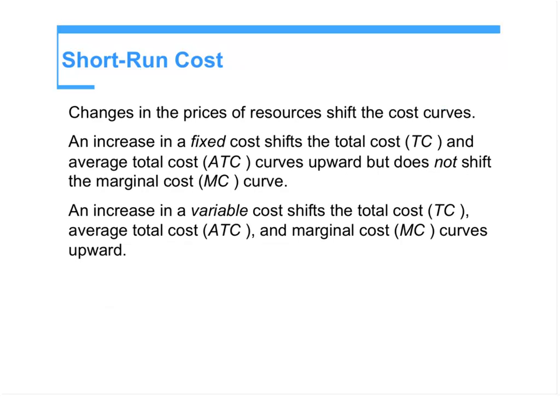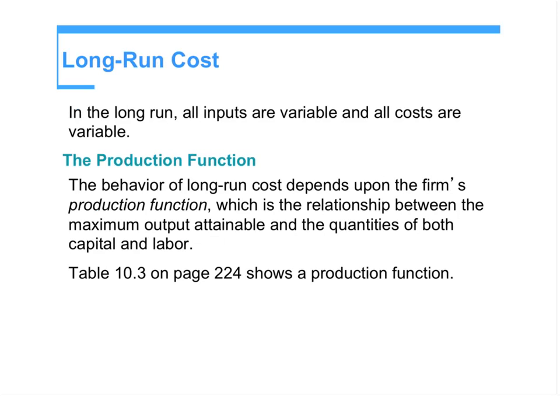An increase in variable cost shifts the total cost, average total cost, and marginal cost curves upward. So when your variable cost increases, your total cost, average total cost, and marginal cost will go upward. In the long run, all inputs are variable and all costs are variable.